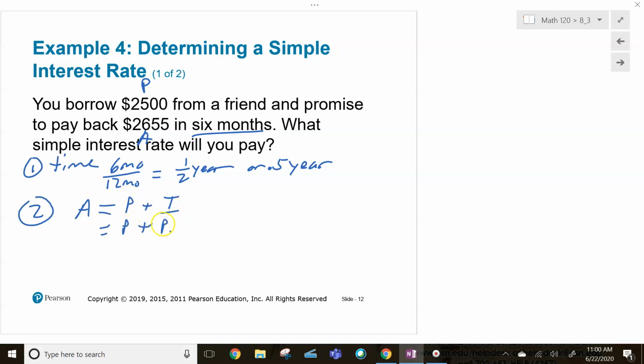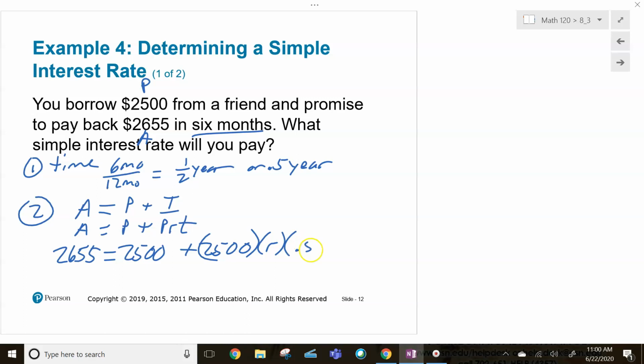You promised to pay $2,655 in total, borrowing $2,500 initially. So your P is $2,500. We don't know the R yet, the simple interest rate. We're trying to figure that out, but we do know we promised to pay this back a half a year later. So we have 0.5 years for the T time.